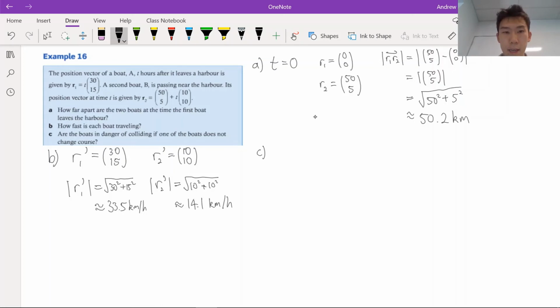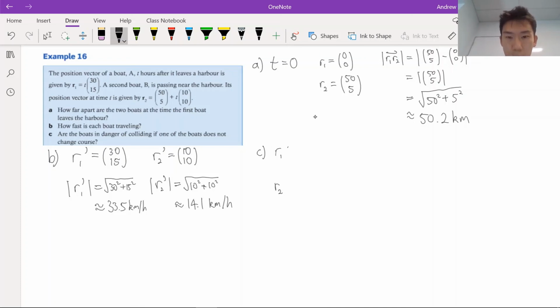Remember that two vectors will intersect if the variables are consistent in both vector equations. So basically, if we can get a t that works for both equations, then they're going to intersect, or these two boats are going to collide, right? So let's just set it up this way for this example.